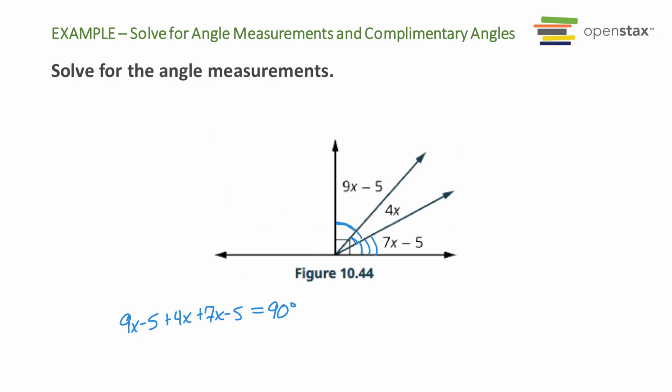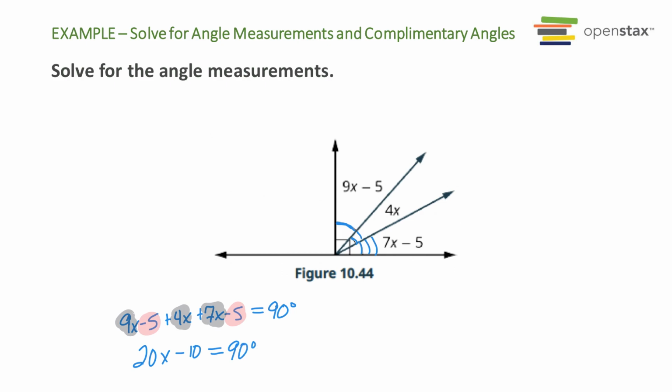So again, we want to add our like terms. In this case, the like terms are the x's and then the constants. So if we add up 9x plus 4x plus 7x, we would have 20x. And then our constant terms, which make up our other like terms, would be -5 and -5, and that gives us -10.